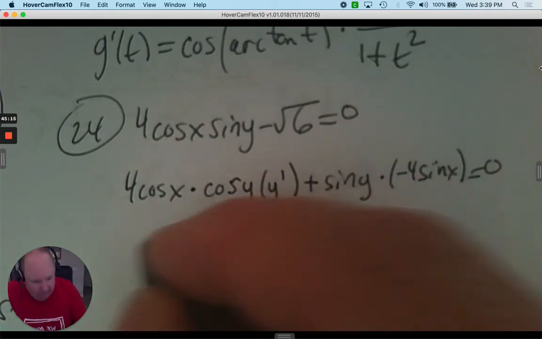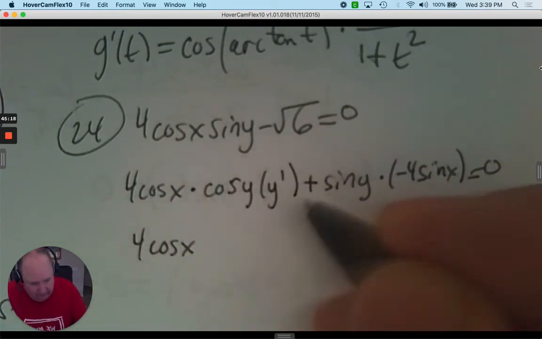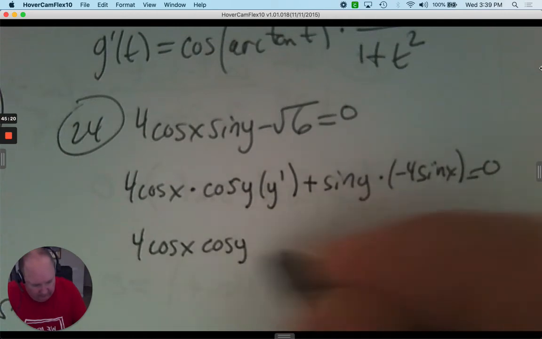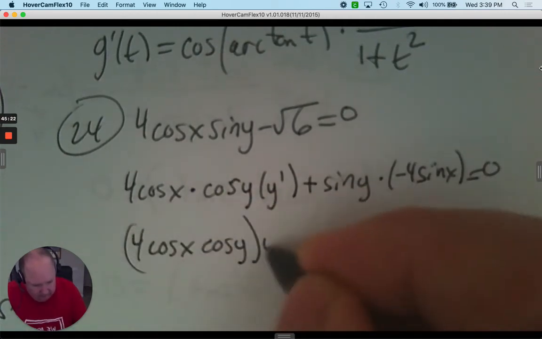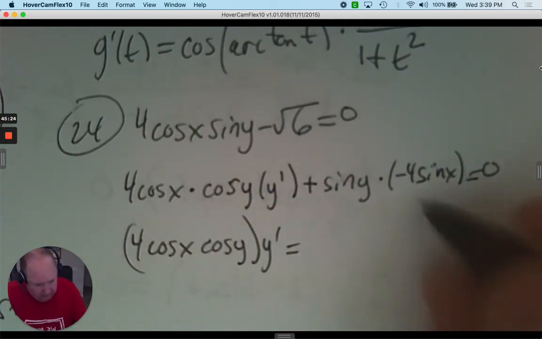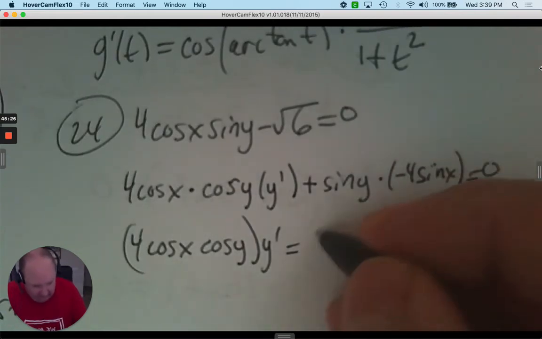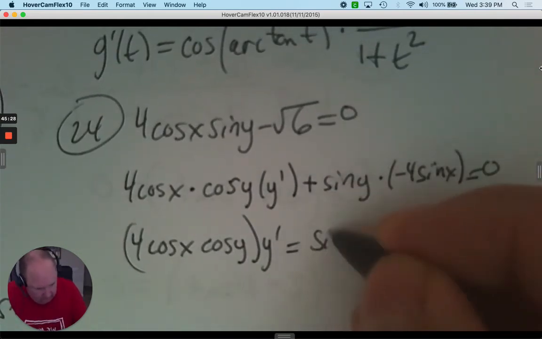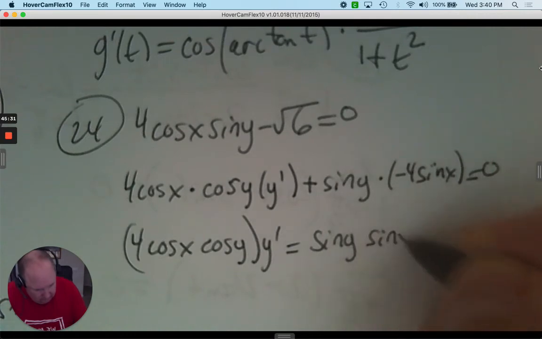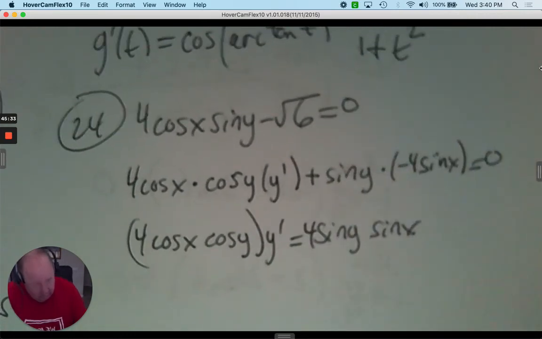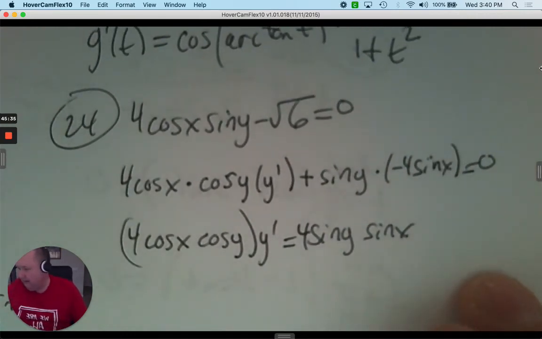All right. So then I'm going to write 4 cosine x cosine y, y prime, equals, and this is negative, so I'm going to add it to the other side. So that's 4 sine y sine x.